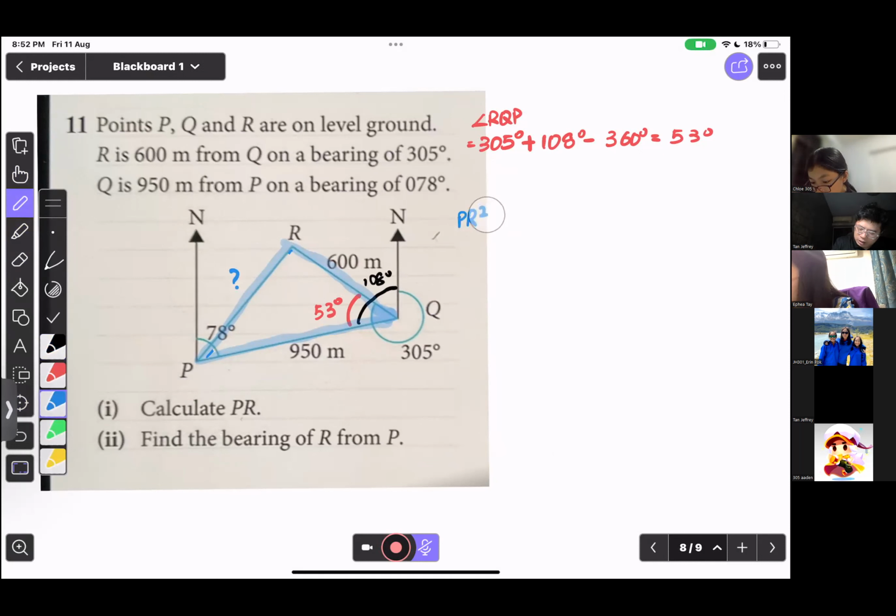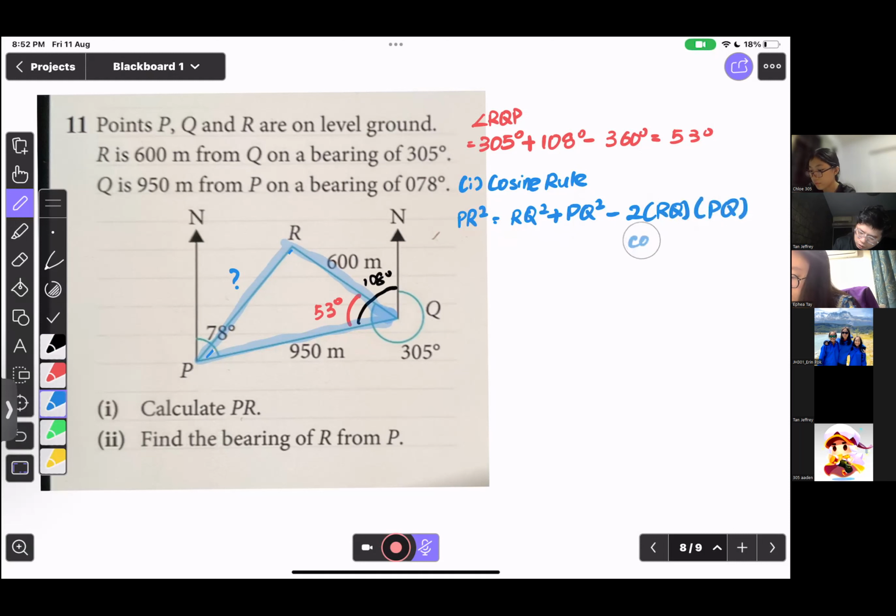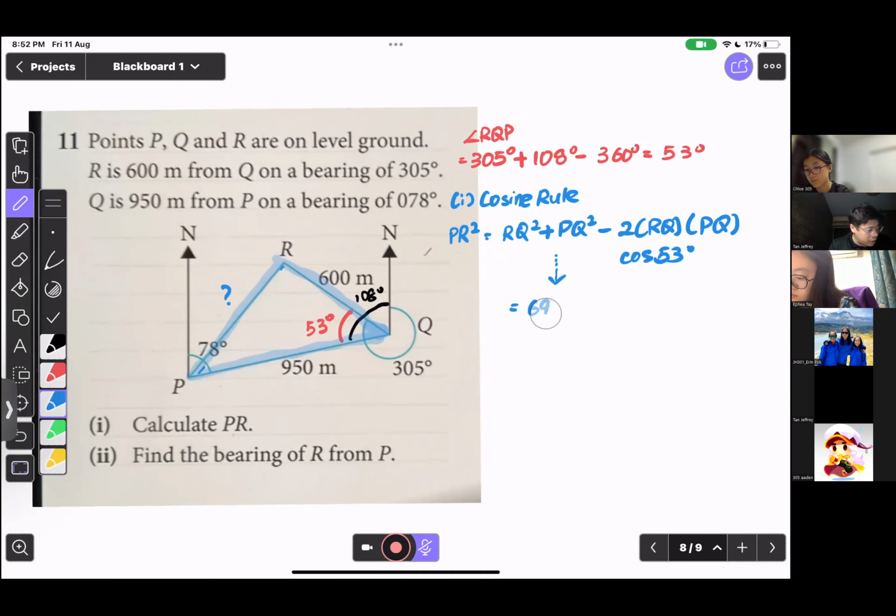PR squared using cosine rule will be RQ squared plus PQ squared minus 2 times RQ times PQ times cosine 53 degrees. From here you can find PR, which is equal to 696.44, about 696 meters.